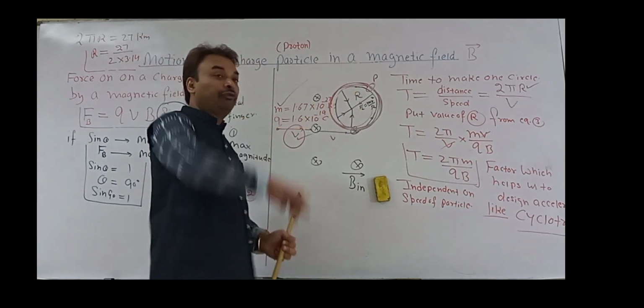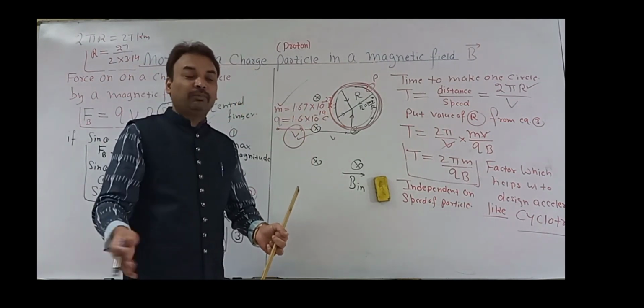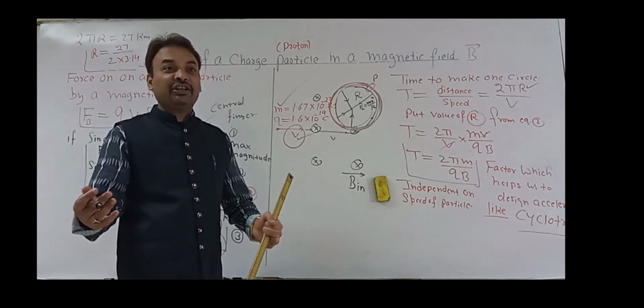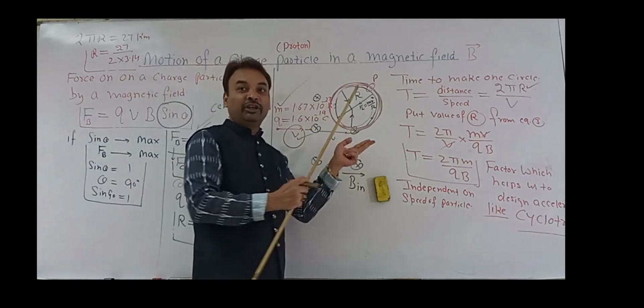Now we can calculate the frequency of rotations in 1 second, because we are concerned with the energy of the particle moving in a circular motion. The beauty of this equation is that the time period of making a complete round is completely independent of the speed of the particle entering into the magnetic field. The time period is controlled only by the mass of the particle, and we are using a proton, so 1.67 multiplied by 10 raised to the power minus 27 kg.